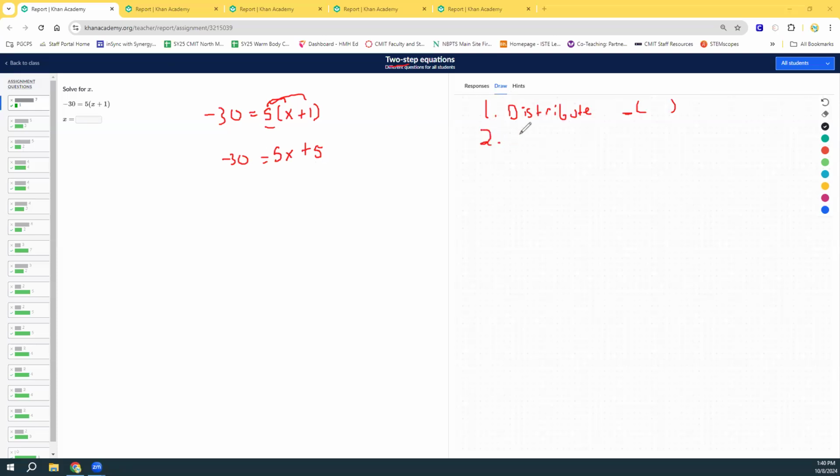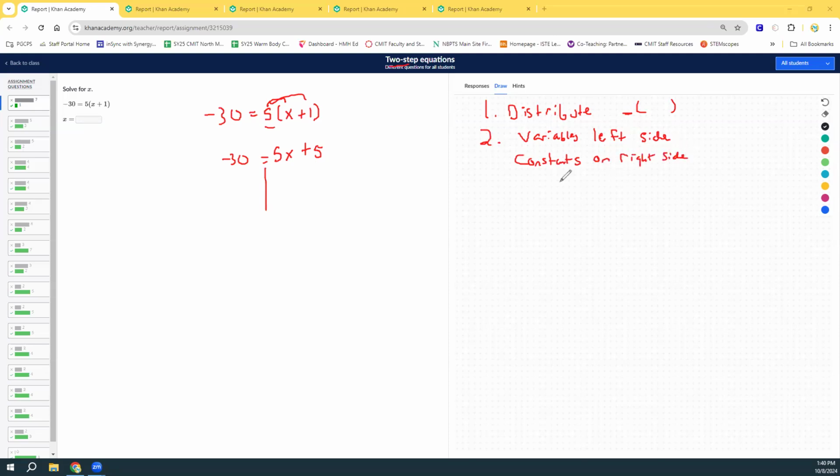Now, we draw a line under the equal sign and we put the variables on the left side and constants on the right side.